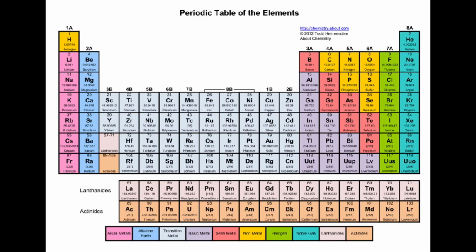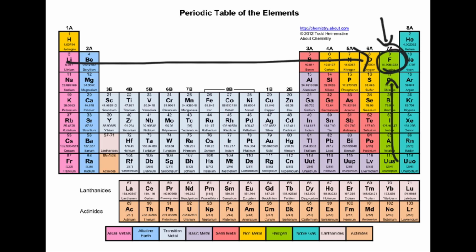Fluorine is the most electronegative, and the general trend is that as we head towards fluorine, atoms want to hog electrons more. Hydrogen, way over here, hogs much less than any of these other atoms.